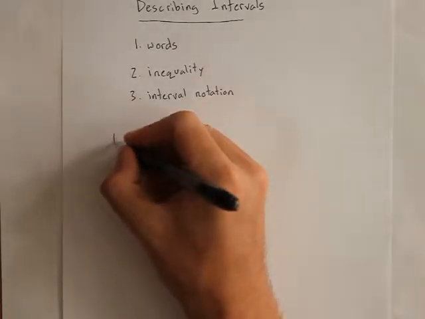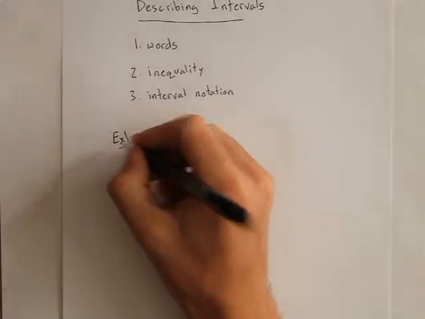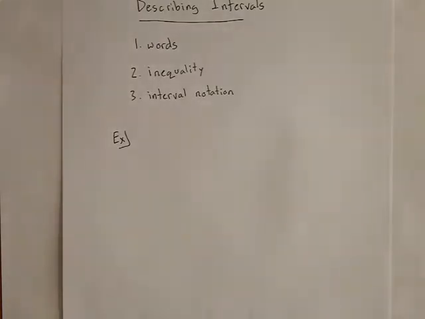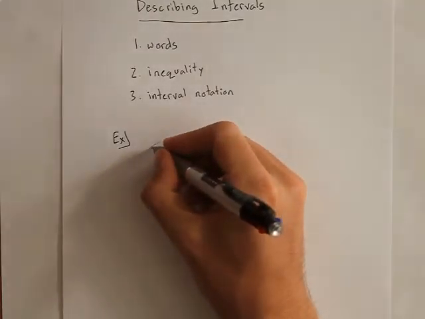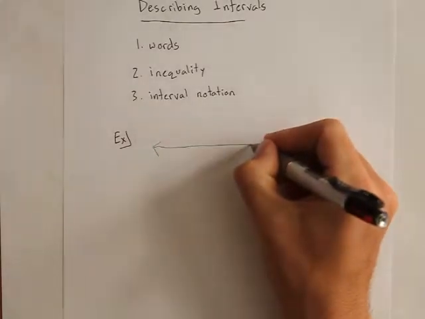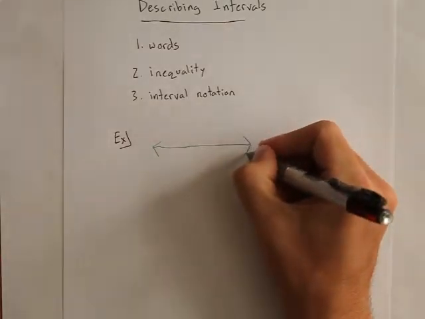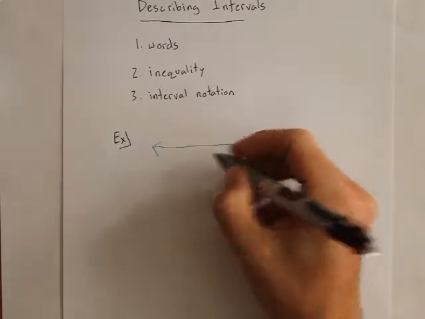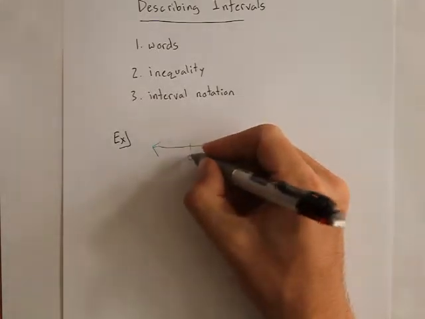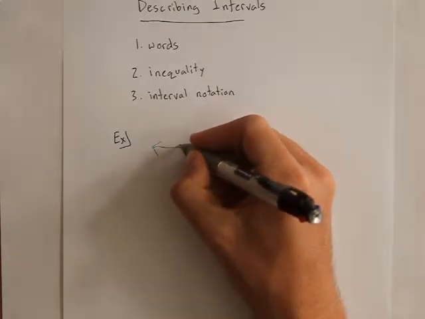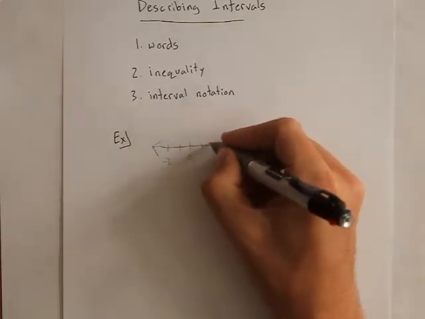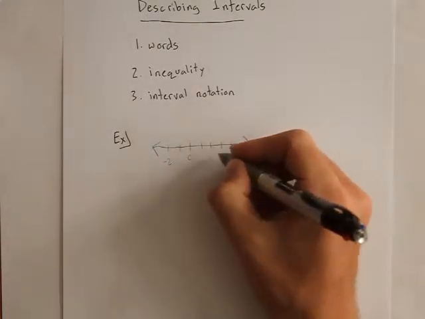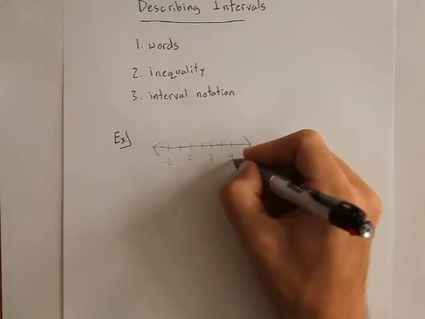So first example we're going to take a look at, I'm actually going to make the number line in green so that when I highlight it, we can tell what's going on. So I'm going to put a 0 in the middle. Let's go 1, 2, 3, 4, and -2.